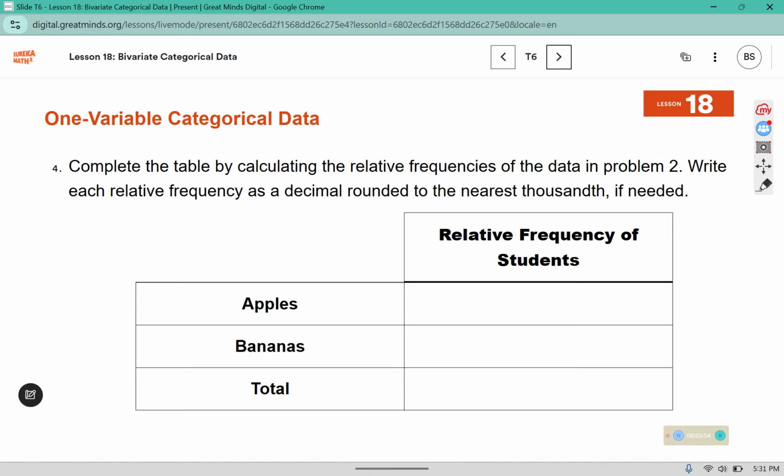Complete the table by calculating the relative frequency of the data in problem 2. Write each relative frequency as a decimal rounded to the nearest thousandth. So relative frequencies take those amounts and compare them to the total.